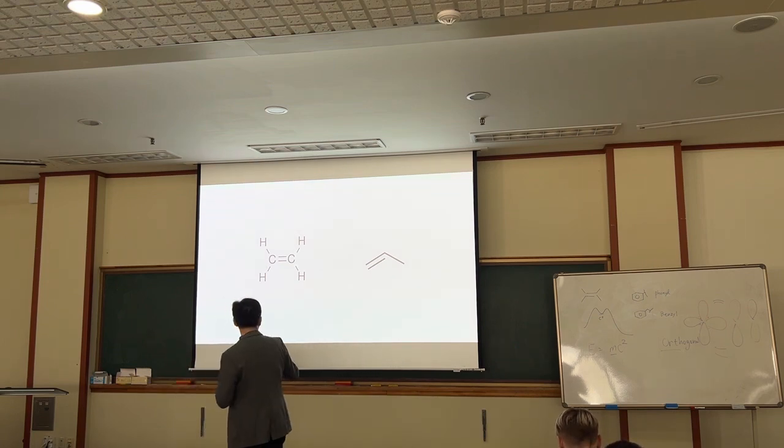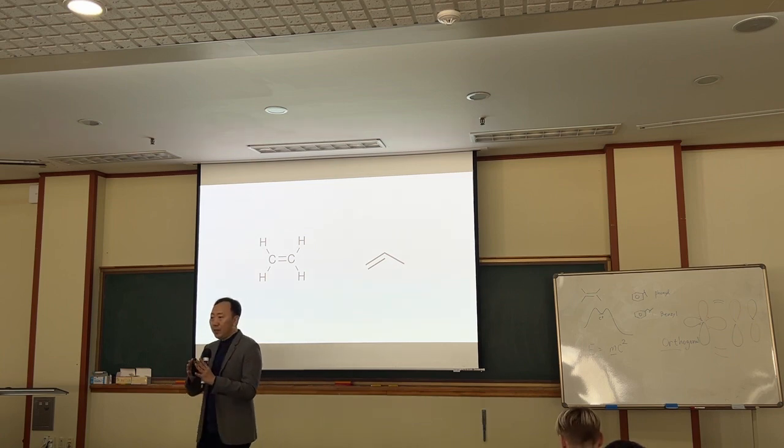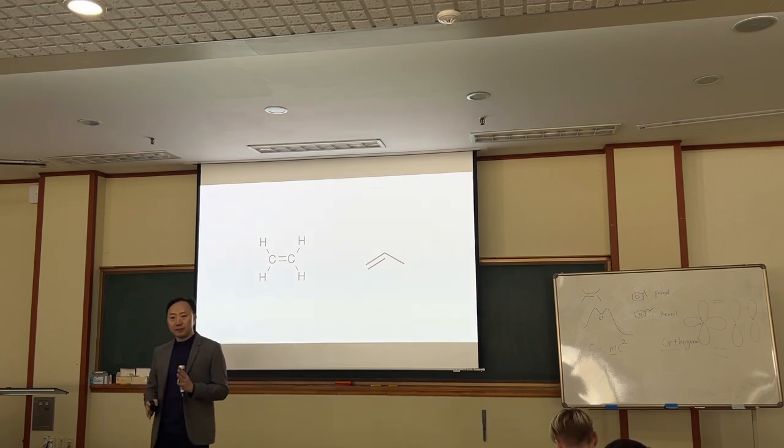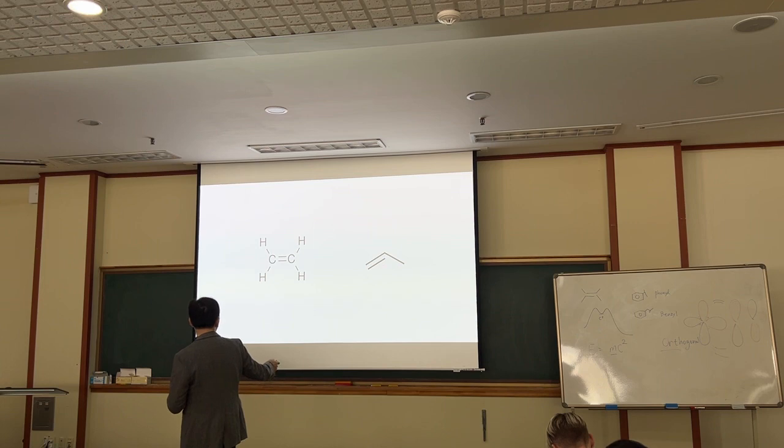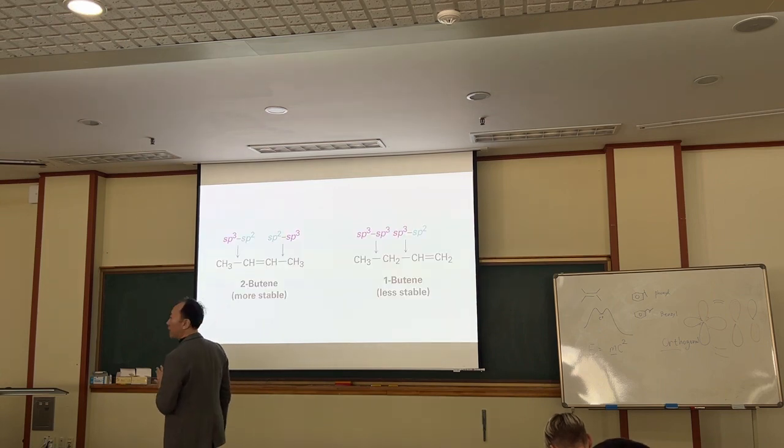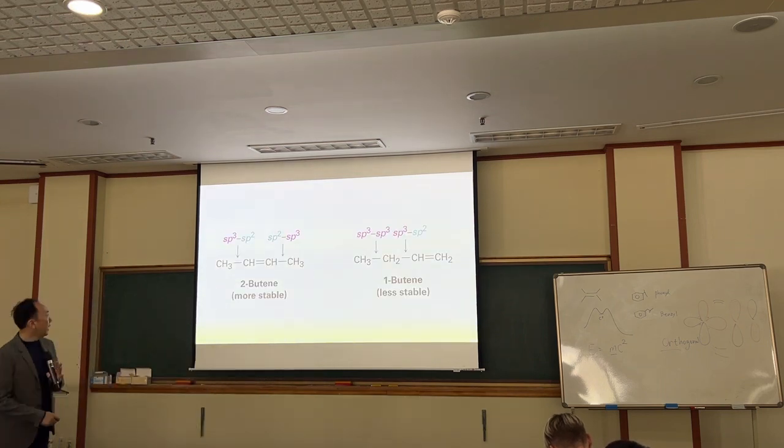Now this is one carbon position, but it can be partially expanded. If it has another one, it's getting better and better. In this case, expansion is possible in two ways. This one has only one. That's why this one is more stable than this.